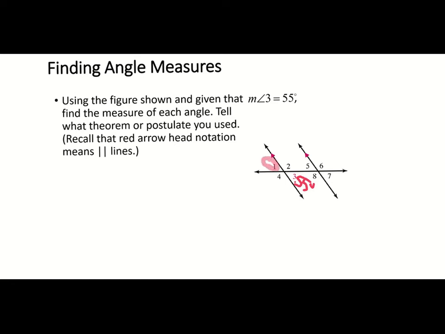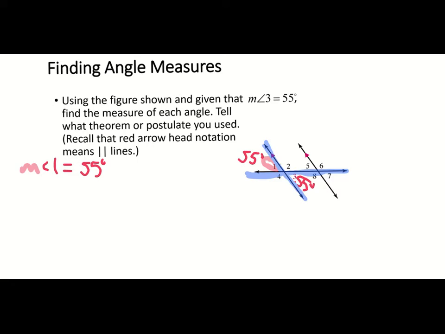So that means that the measure of angle 1 is going to be 55 degrees because it is vertical to angle 3. Now I also know that our transversal is a straight line, and we've got linear pairs here.